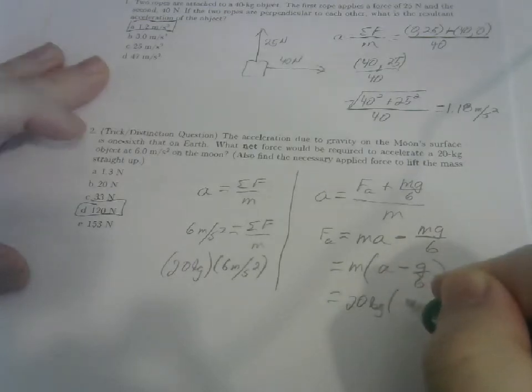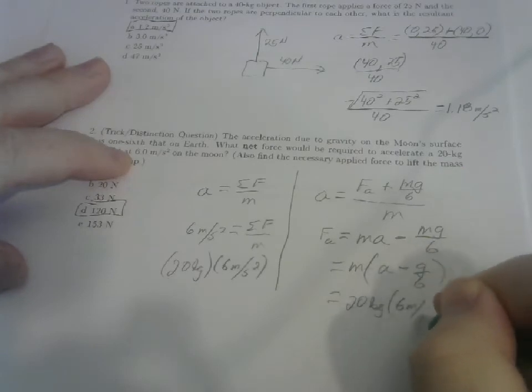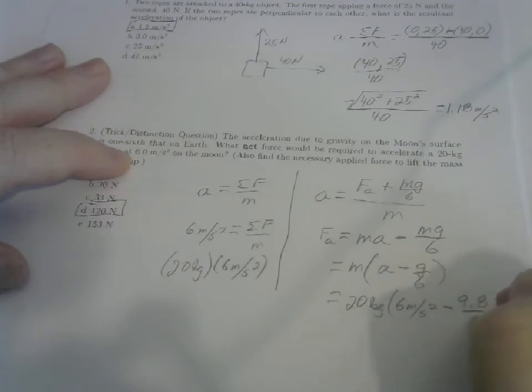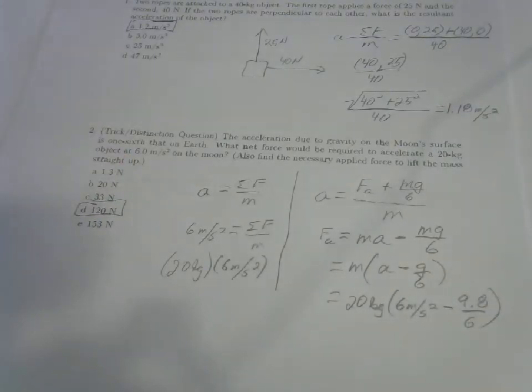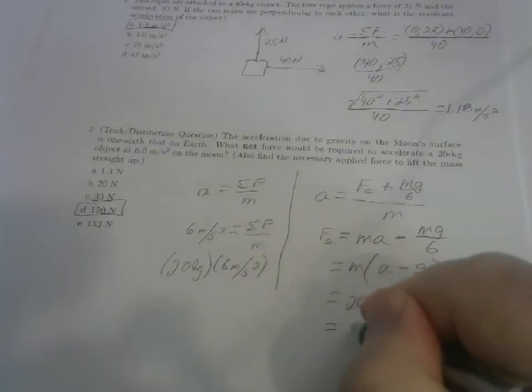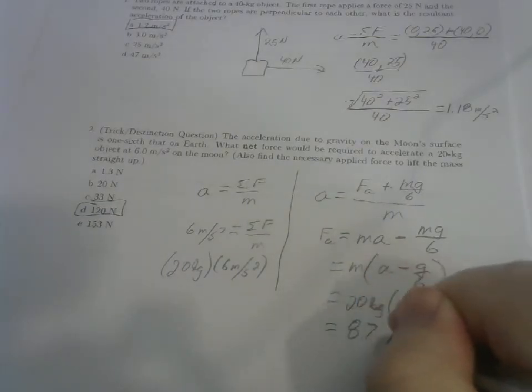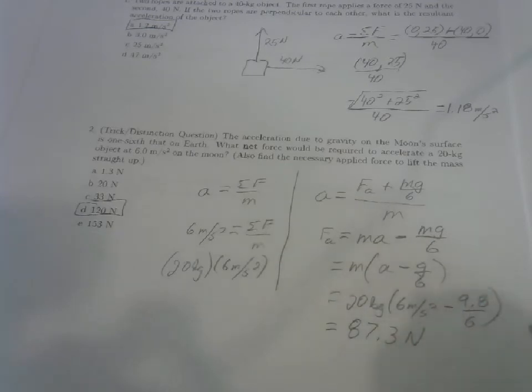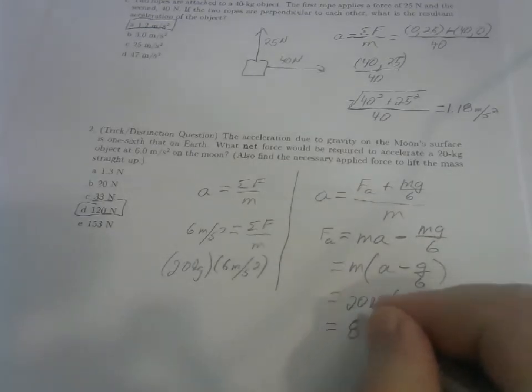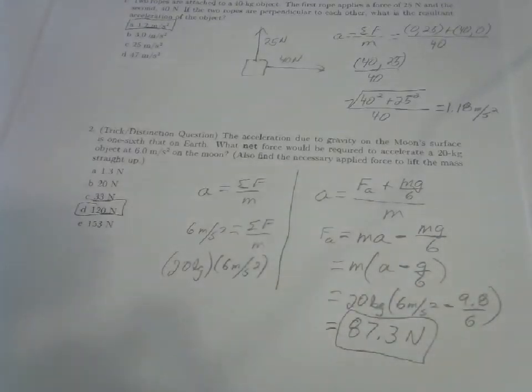We want to accelerate at 6 meters per second squared minus 9.8 divided by 6. And this comes out to be 87.3 newtons. And I didn't put that answer over there, so I'll just put a box around that. It's not in the multiple choice list.